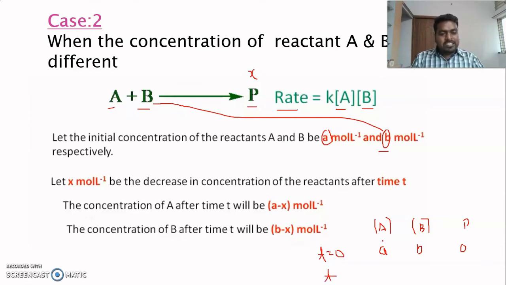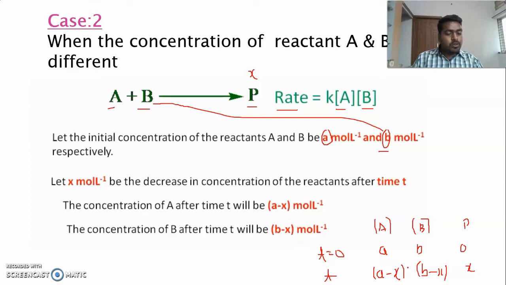The concentration of A decreases, so it is somewhat less than a, that is a minus x. Here x is the amount of reactant reduced, which is equal to the amount of product formed. Similarly, the concentration of B after 5 minutes or 10 minutes, or at any time, is b minus x.